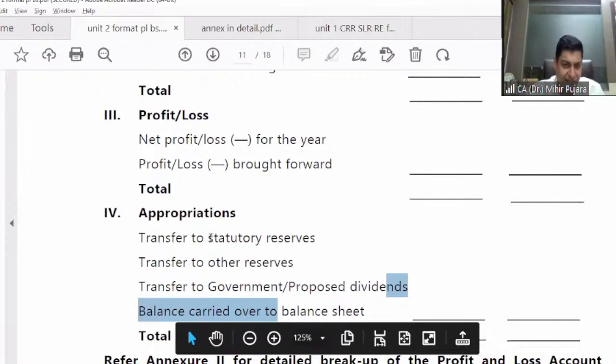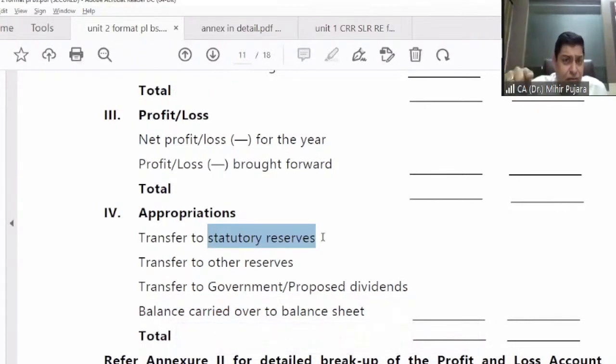And this is compulsory, even if the question is silent. So this reserve fund transfer is compulsory even if the question is silent.